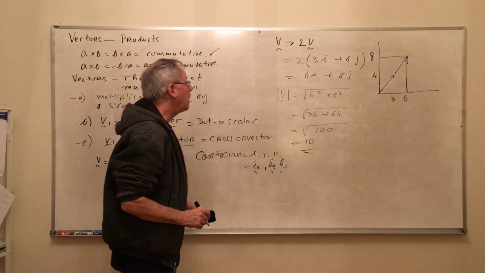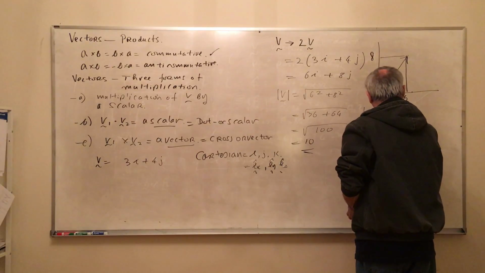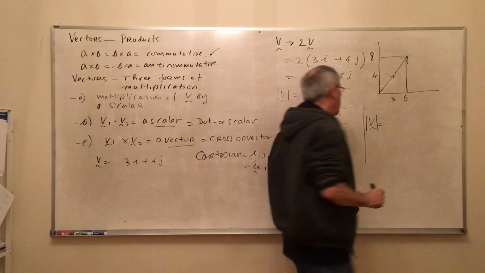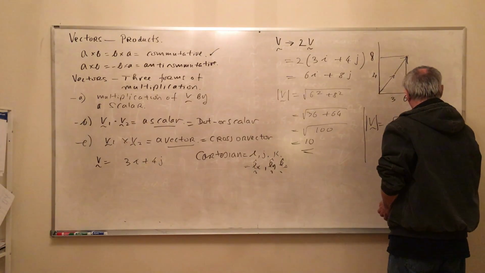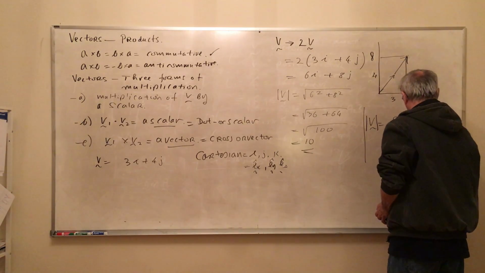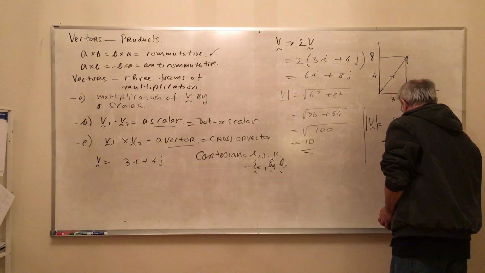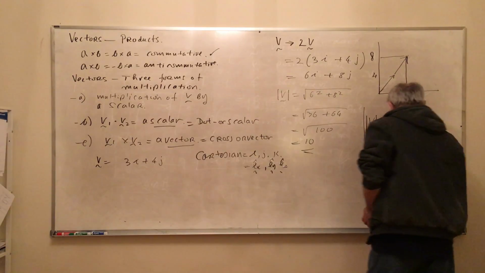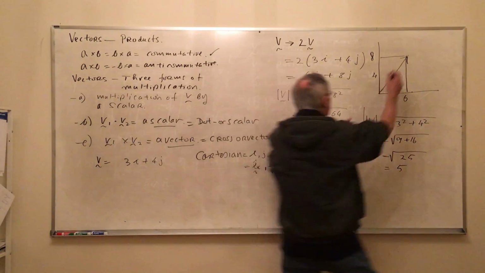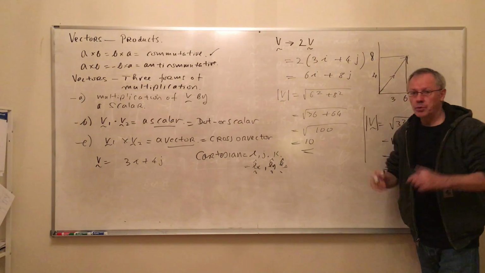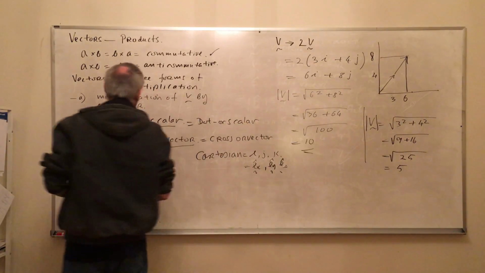The original vector had a length of 5. This one has a length of 10, twice as long. The new vector, when we multiply by a scalar, is rescaled. That's what we mean by multiplying a vector by a scalar.